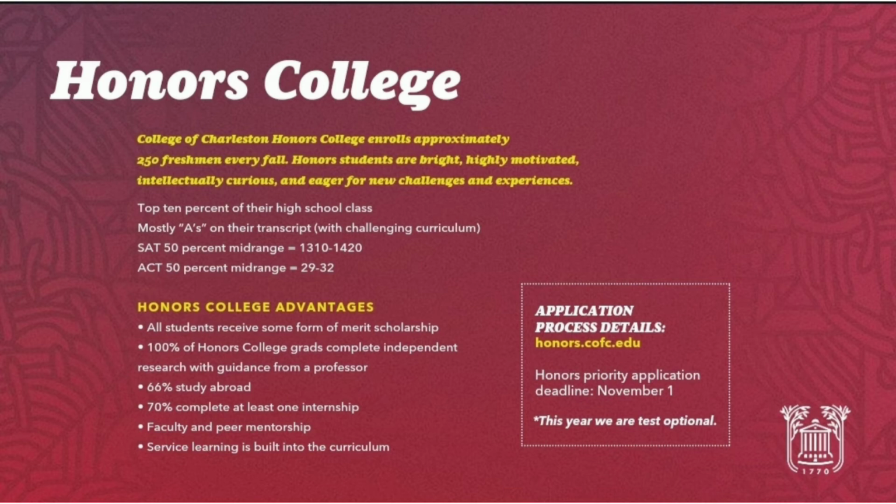This is really helpful and important for international students coming to a completely different country for university for the next 4 years, to immediately have the opportunity to live in the same residence hall as your other honors college classmates, to have really close relationships with honors college faculty, and do undergraduate research with them. Things like that really make a difference and can help you feel very much at home the moment you arrive.